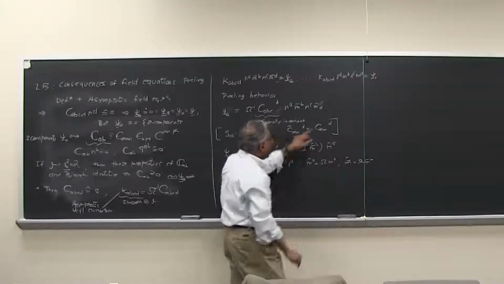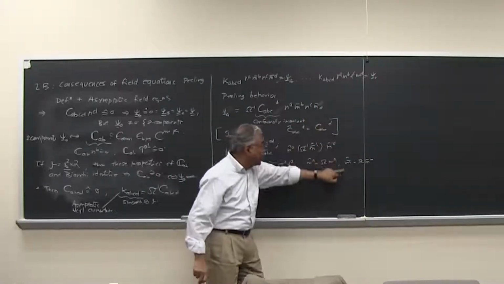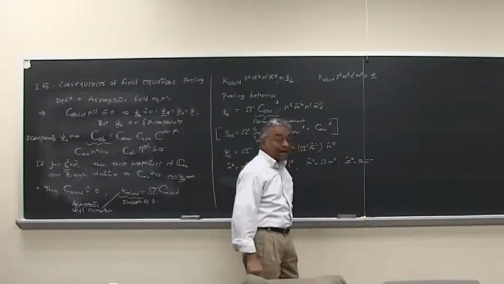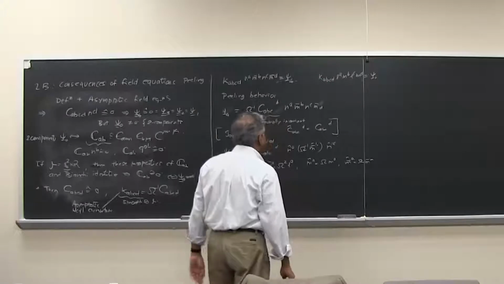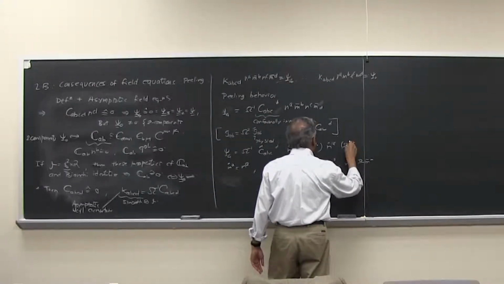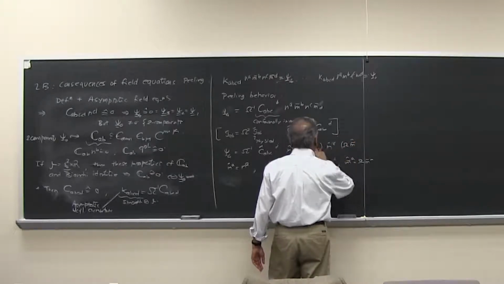And m bar d, however, has a downstairs index. So this is a hat up here. So to lower the index, I'm going to get a factor of omega squared up here, and therefore this is the same as omega times m bar hat.